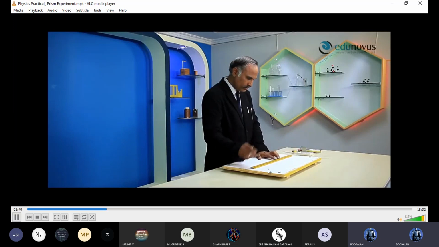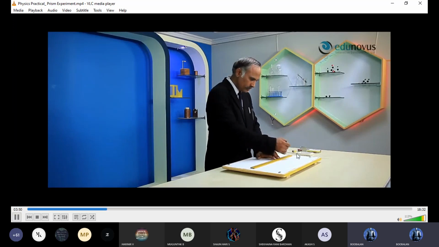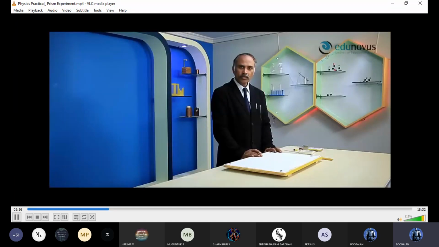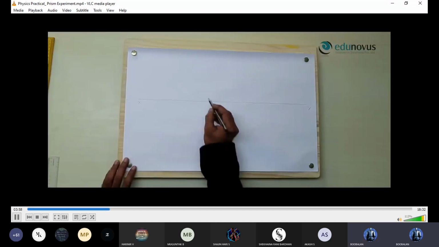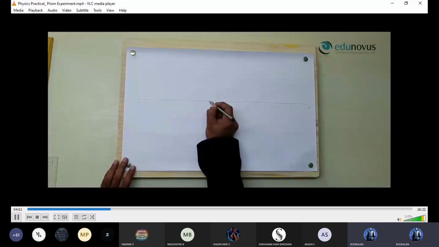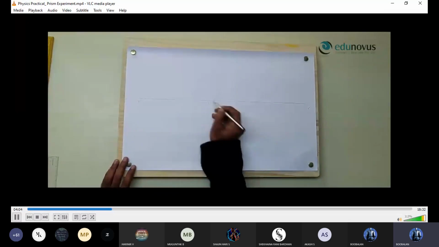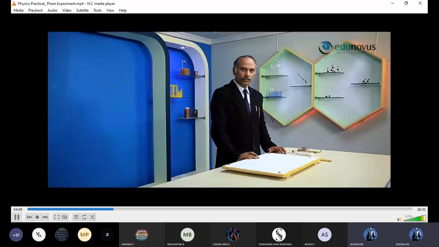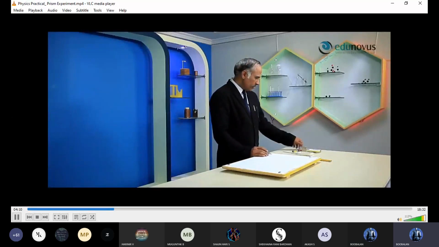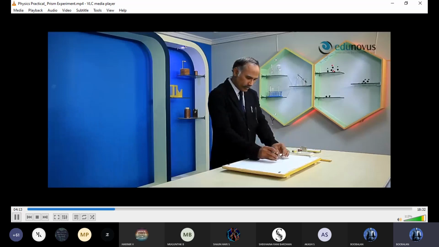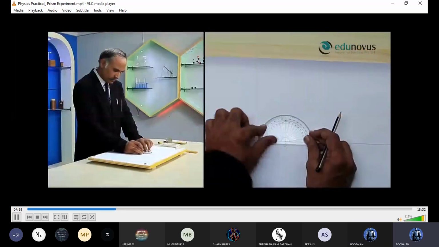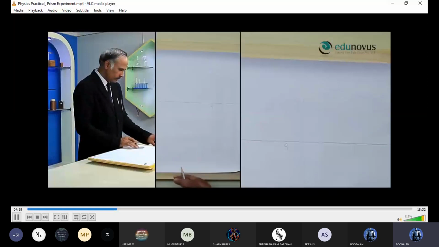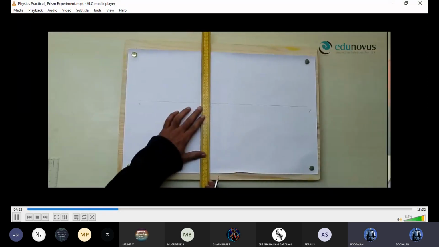In the center part, you can draw the line. Take your prism. The reference point O1. Mark the 90 degree point on the straight line.